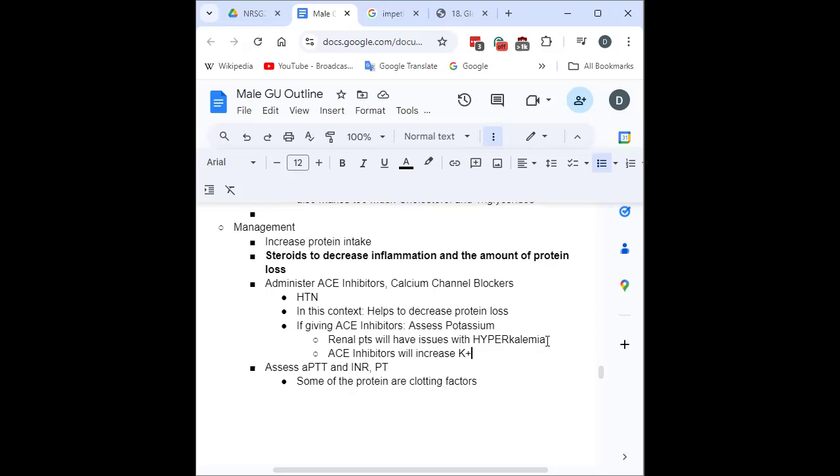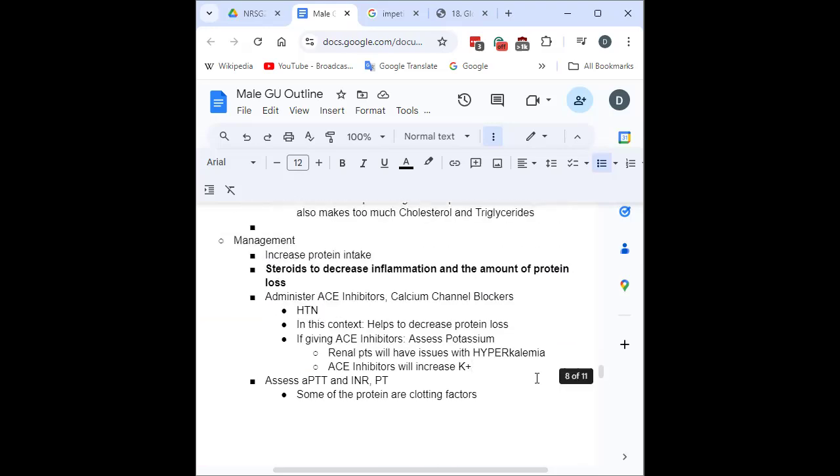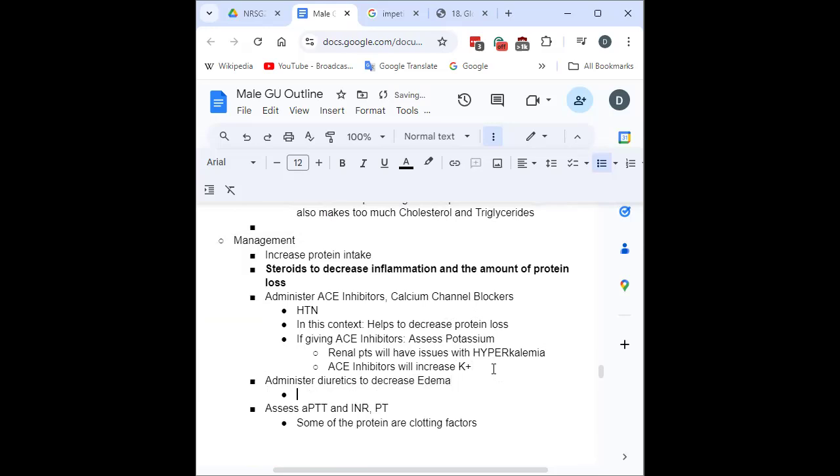Let's see what else we have here. ACE inhibitors. Diuretics, we can decrease the fluid volume overload. Administer diuretics, you decrease edema, and again, you're monitoring your electrolytes because diuretics affect your electrolytes.